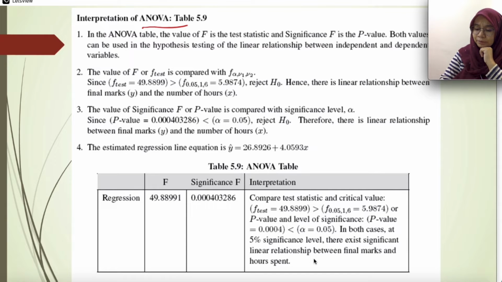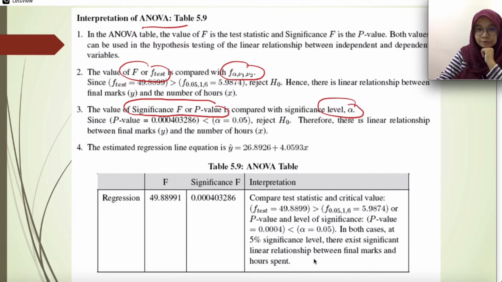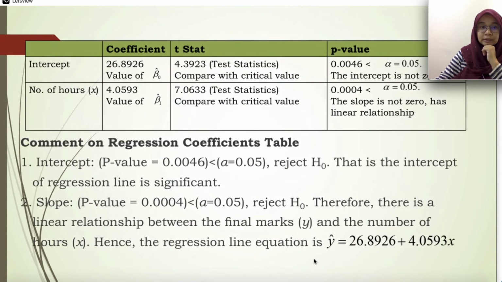If you compare using the F test, you have to find the F critical value. If you compare using the p-value, you just compare with your alpha. So, you have to look at the question. If the question asks you to use the p-value, use the p-value.